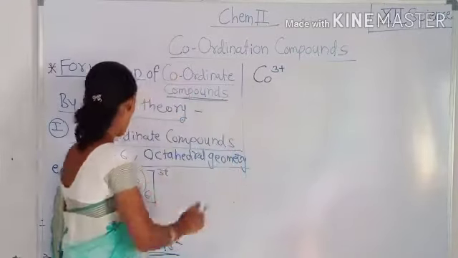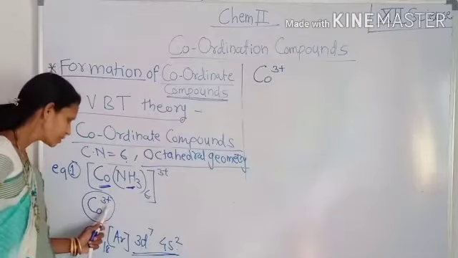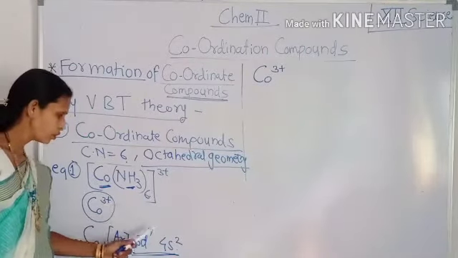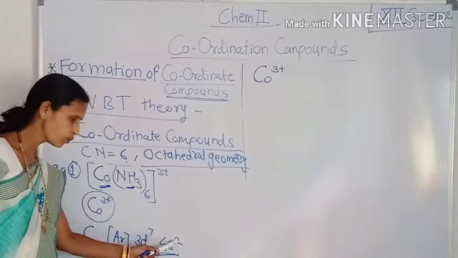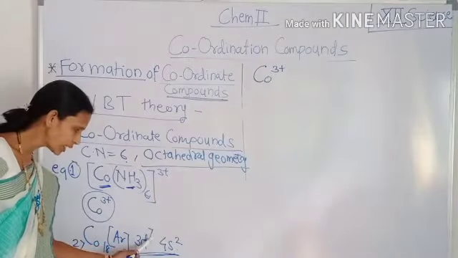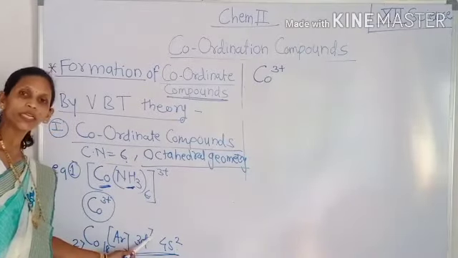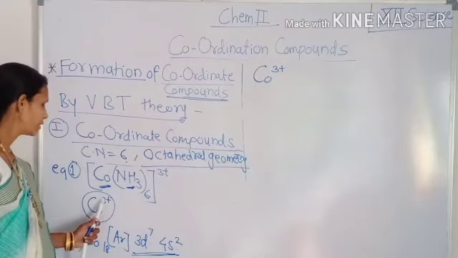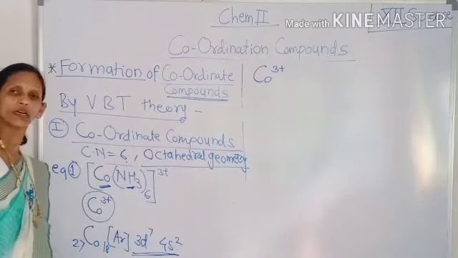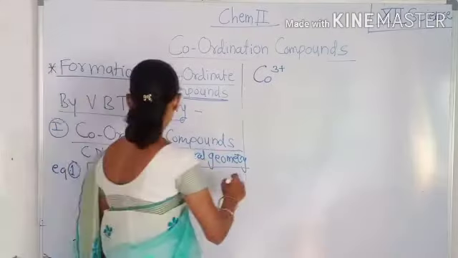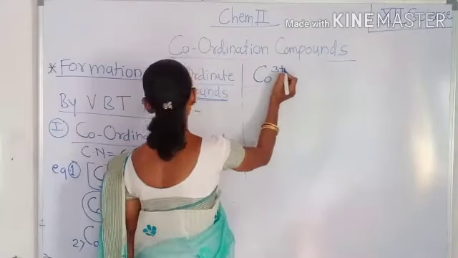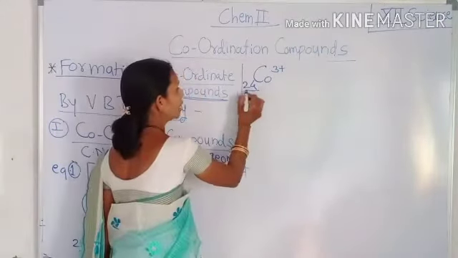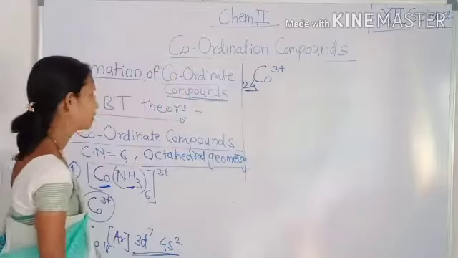See here, the oxidation state is 3+, therefore 2 electrons from 4s and 1 electron from the 3d orbital are lost by the cobalt atom. Therefore, there are 24 electrons in Co3+.